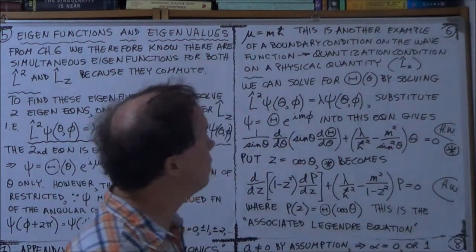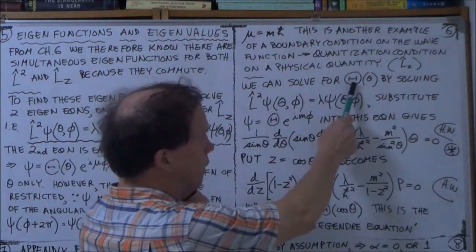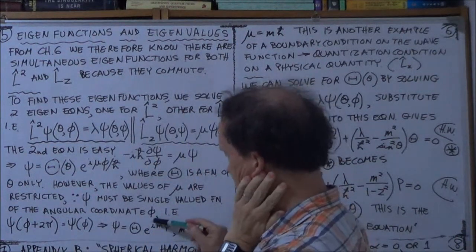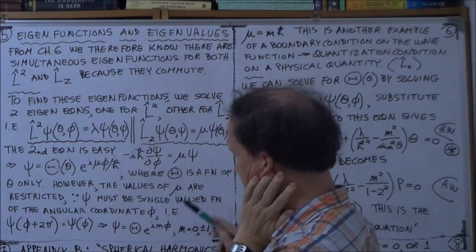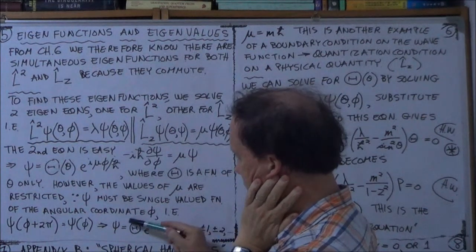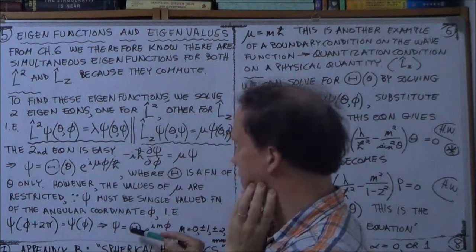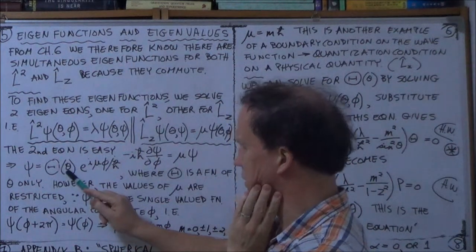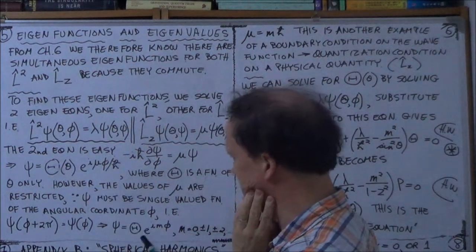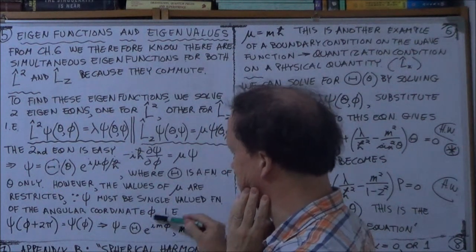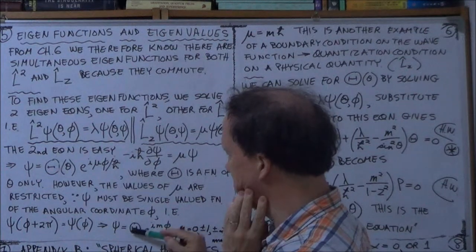Now let's try to solve for the other variable, because we have a function that depends on phi, and we have another function, capital theta, that depends on little theta. We know the form the phi part takes, but what's this one?